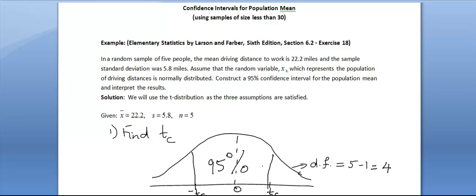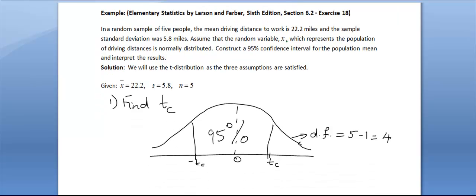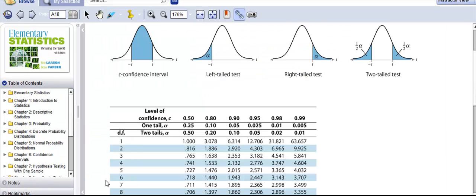Now, to find the TC value using the t-table, all we need to know is the confidence level of 95% and the degrees of freedom, which is 4. So let's take a look at the t-table, and across the level of confidence we locate 95%, 0.95, and look down under that column and across the degrees of freedom, which is 4.